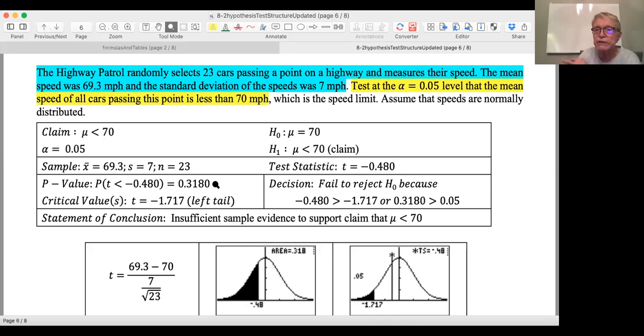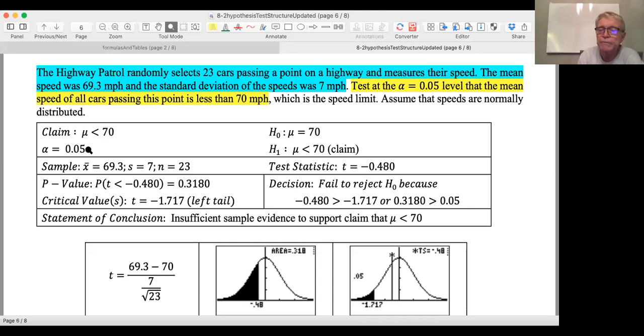So let's say that we've got everything done here except this decision is blank, and our conclusion is blank. So let's answer our decision for this problem right here. Well, we know that the p-value was 0.3180. And what do we always compare the p-value to?